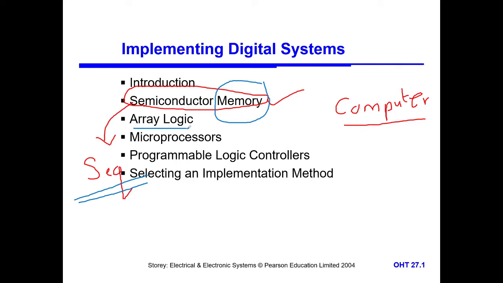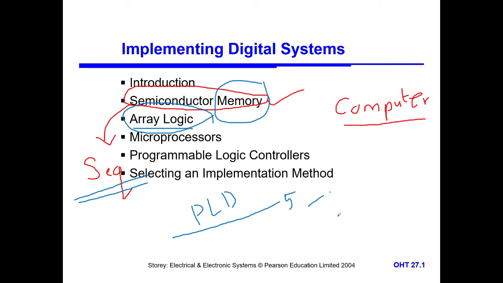Next one, array logic we are going to discuss. There are array logics we have: programmable array logic and logic arrays, and the CPLD, FPGAs. In this array logic, we can call these PLDs. PLD stands for programmable logic device, and these programmable logic devices are 5 types.